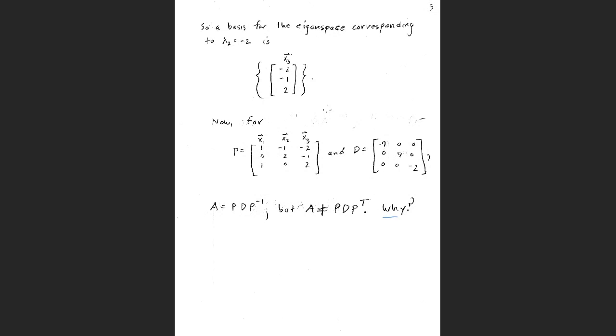So the reason why A is not equal to P times D times P transpose is that X1 is not orthogonal. Hold on, let me write this. Why is this?